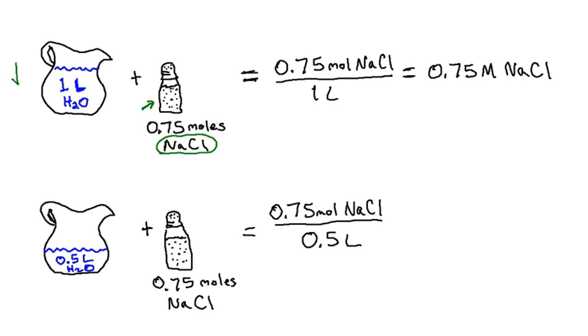And we used 0.75 moles of sodium chloride in a pitcher of 1 liter of water. So that's 0.75 moles of sodium chloride in 1 liter of water gives us a molarity of 0.75 sodium chloride in the solution.